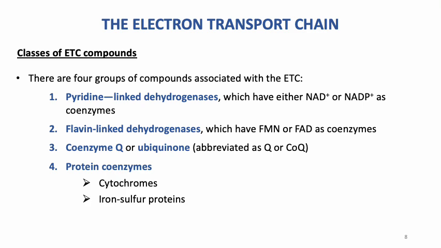Flavin dehydrogenases, and again I explained earlier when I discussed coenzymes how FMN and FAD are electron carriers. Another compound is called coenzyme Q or ubiquinone, which I'll be discussing in the next slide. And there are protein coenzymes, two classes, cytochromes and iron-sulfur proteins.